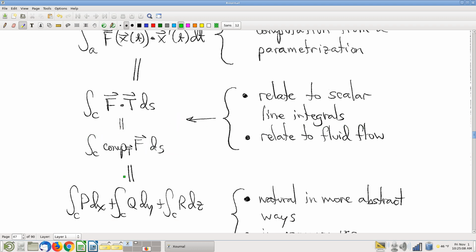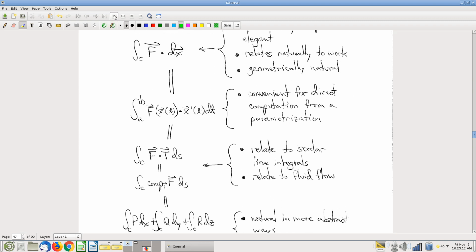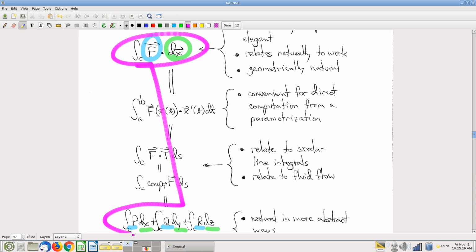And then lastly, real quick, we made this argument about how our displacement differential dx does have components, which very naturally you might want to call dx, dy, dz. And our vector field has components. You very naturally might call them P, Q, and R. And so this integral, if you work out the dot product, it's natural, at least in some sense, to write it like that.